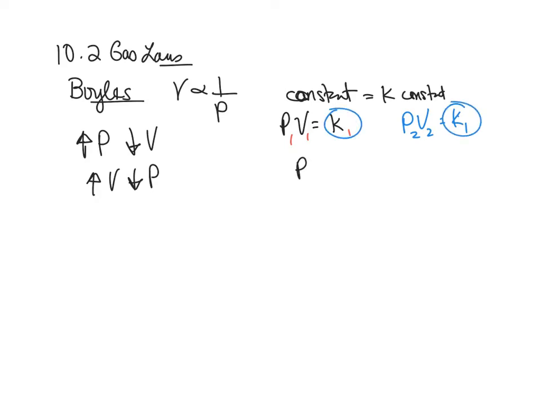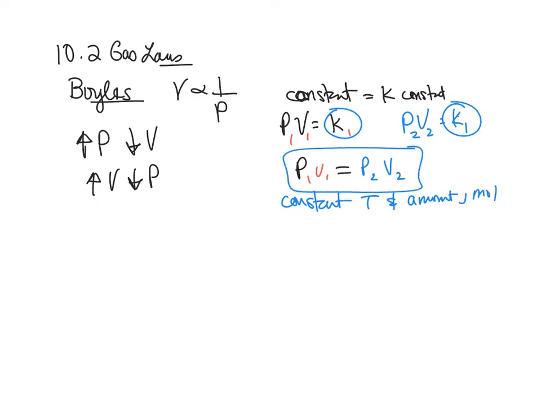And then you can do P1 V1 equals P2 V2, if you have constant temperature and amount, so moles, then you can use this equation.